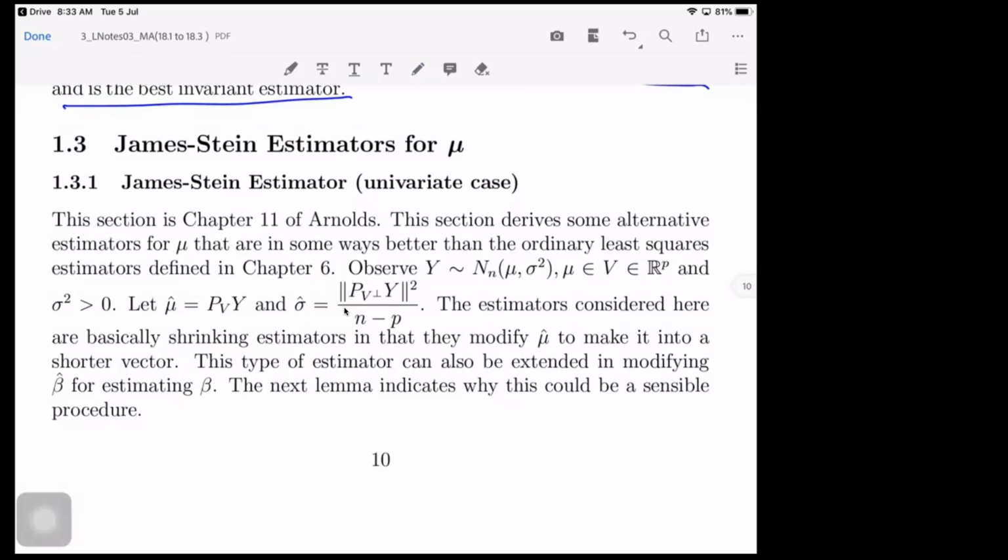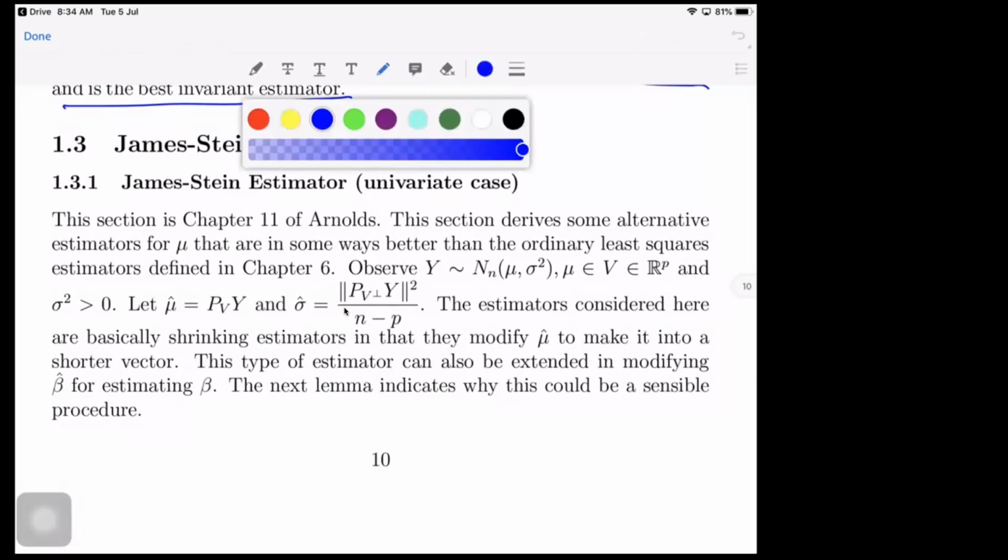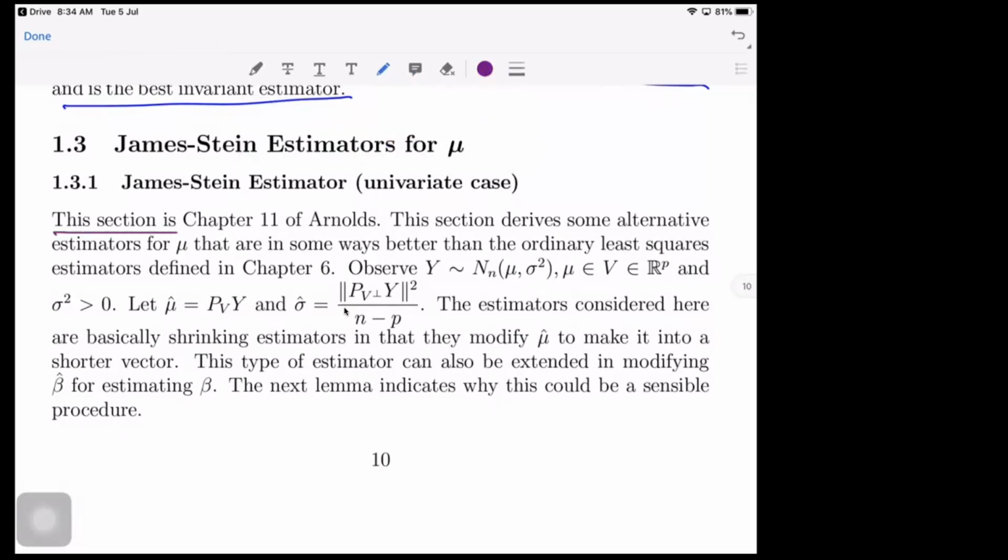The James-Stein estimator is in chapter 11 of Arnold. If you recall, we only discussed until chapter 6 of Arnold's, no? So let me go to chapter 11 of Arnold.